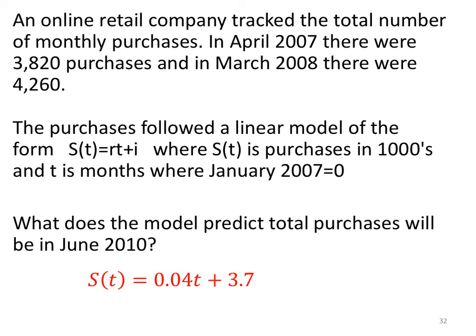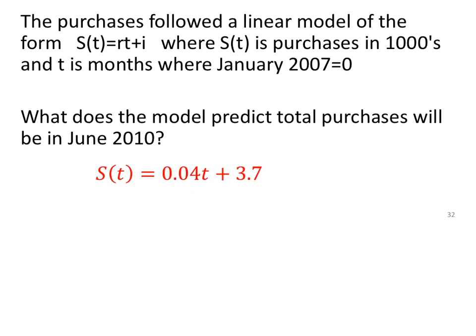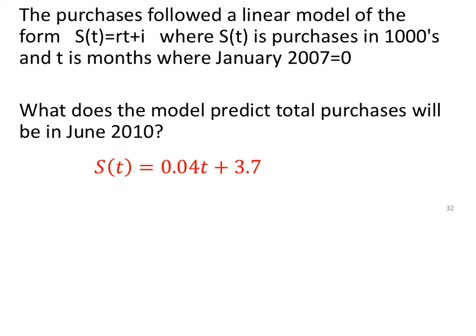Now this part says, what does the model predict total purchases will be in June 2010? Well, we got to figure out when June 2010 is in relationship to January 2007, right? Well, here's something that we should know from this, is that every January is going to be another 12 months away, right?